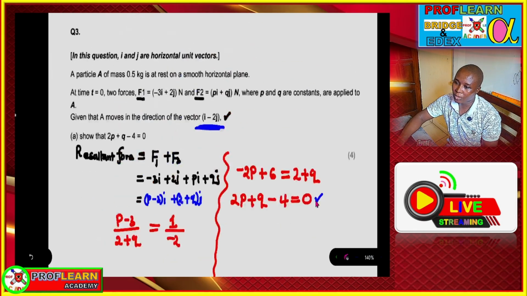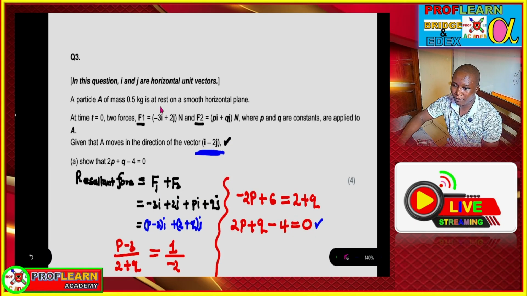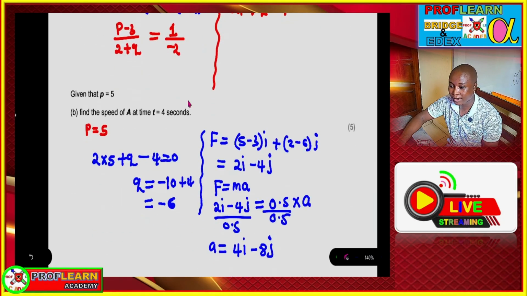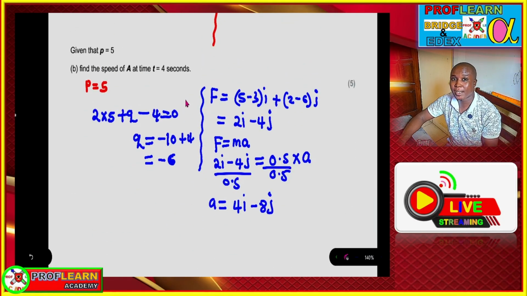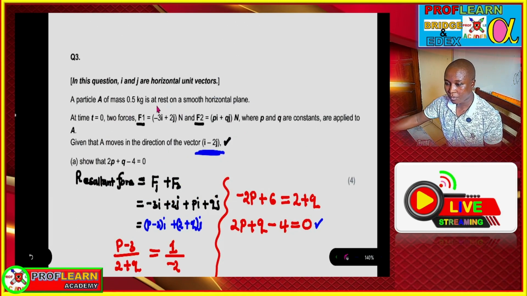Now let's go back to the question. A particle of mass is at rest. So which means that the initial velocity was what? 0.